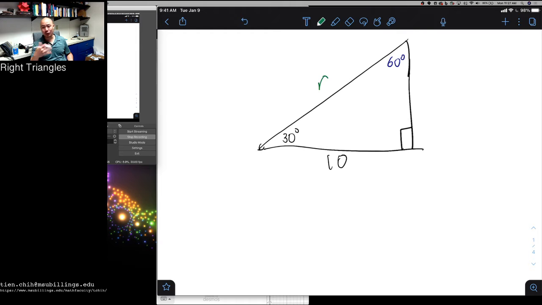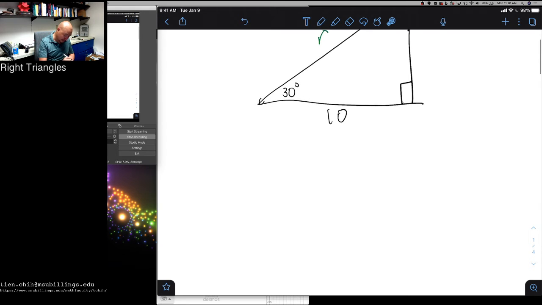So is there a way I can look at this triangle and cook up a triangle whose hypotenuse is exactly 1 that behaves the same as this triangle here? So let's redraw it real quick.